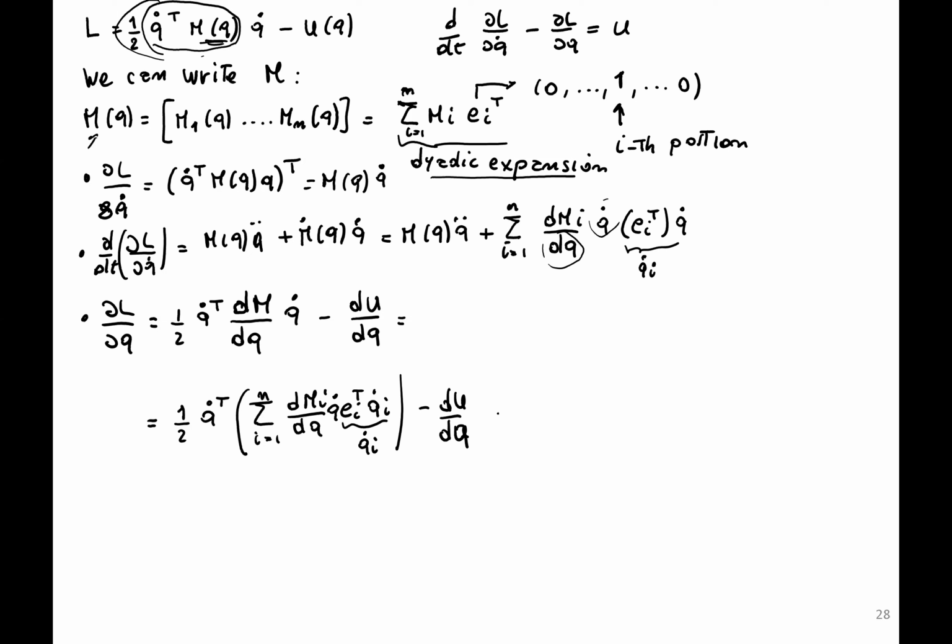Okay, then in essence we need to compute also dU over dq. We take the expression we saw before, which is the summation over all the links of the potential energy of each link, which is p_Ci, that depends on q.